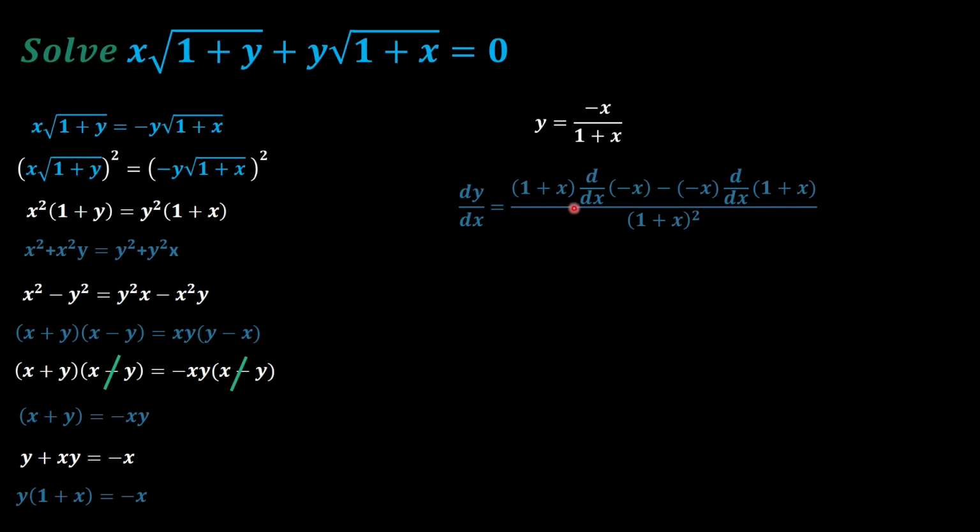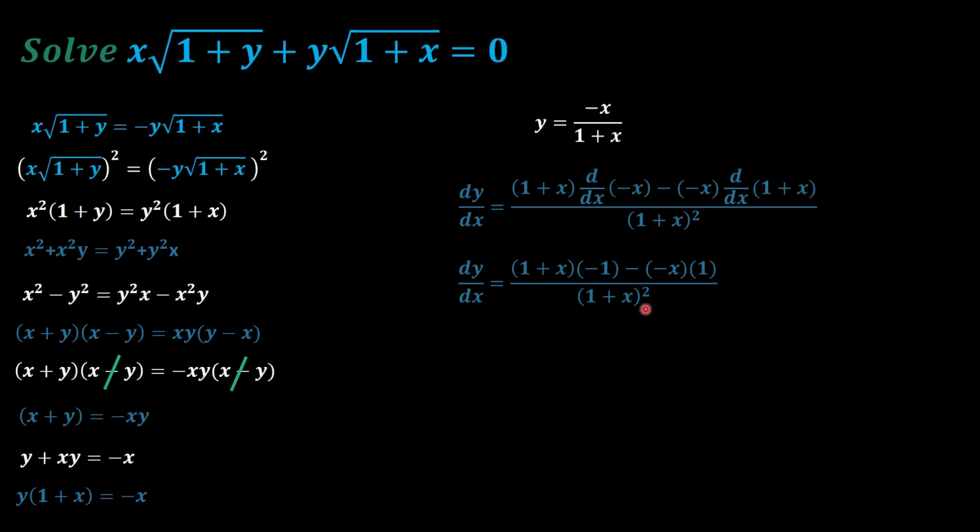Now we will simplify this condition. So 1+x is the same as before, but when we apply derivative on −x it will convert into −1. This −x is the same as before, and when we apply derivative on 1+x, we will get 1, because the derivative of 1 is 0, any constant is equal to 0, and the derivative of the variable x is equal to 1.